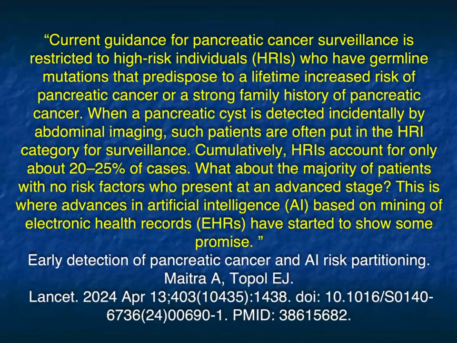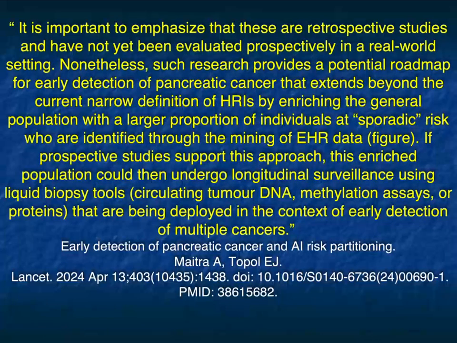Cumulatively, what about the majority of patients with no risk factors who present at an advanced stage? Talking about detecting pancreatic cancers, not just in high-risk patients where people have done different studies looking at doing EUS and MR and CT, but what about everybody else? What do you do with the pancreatic cysts? Who are high-risk patients?